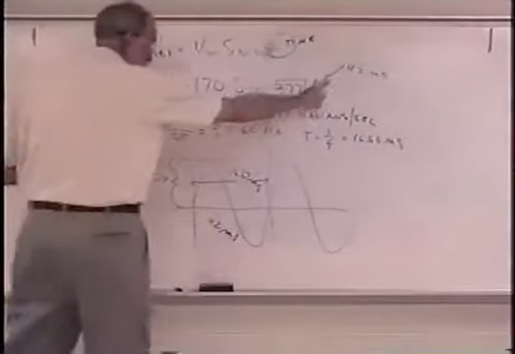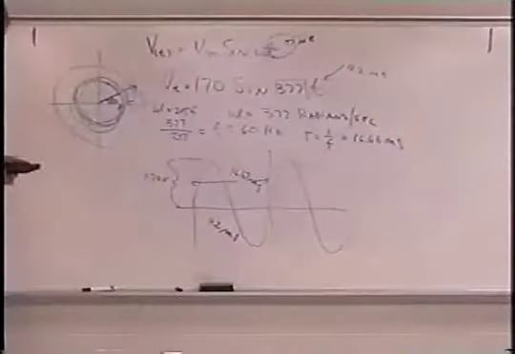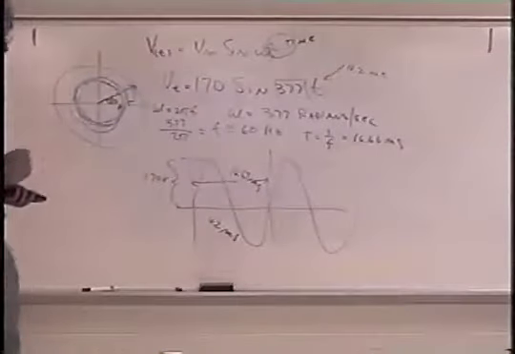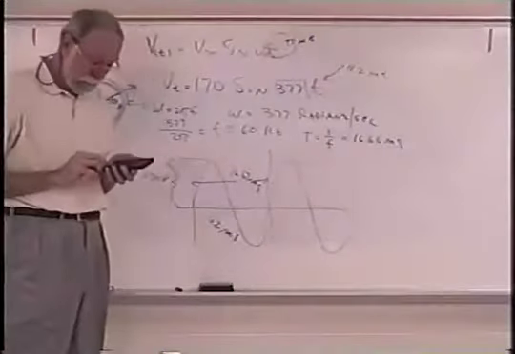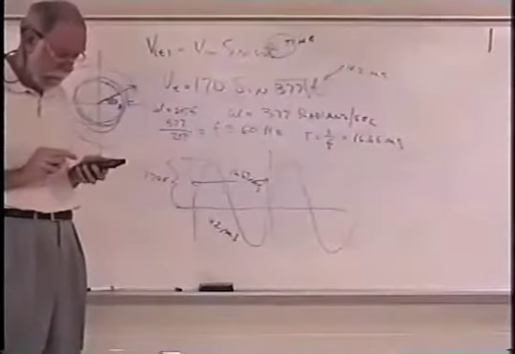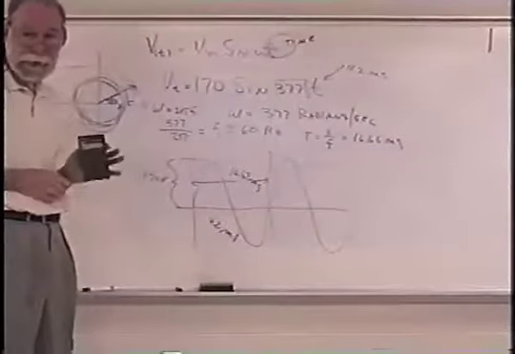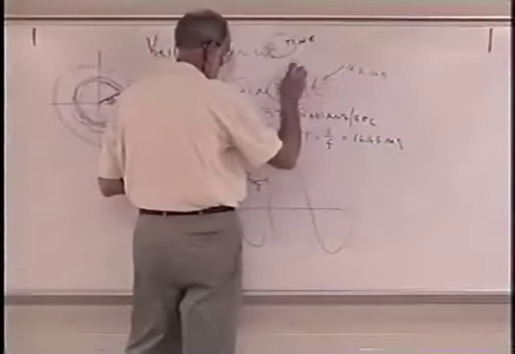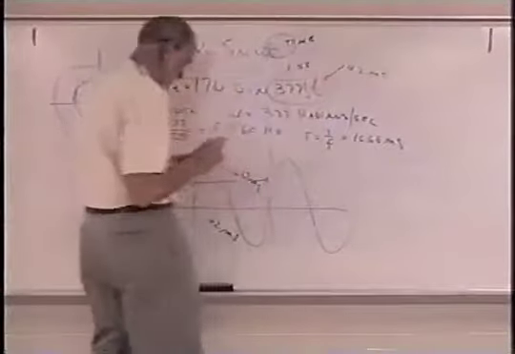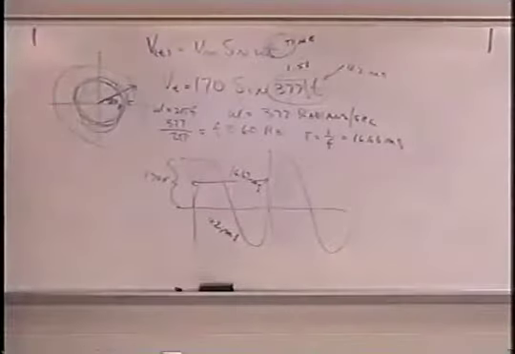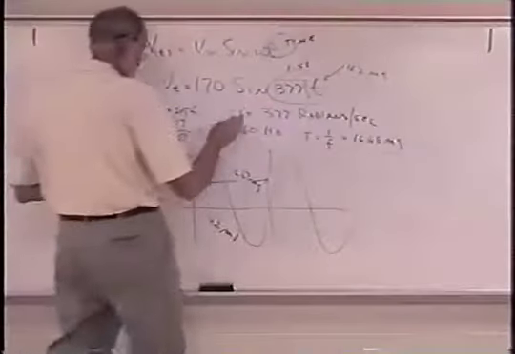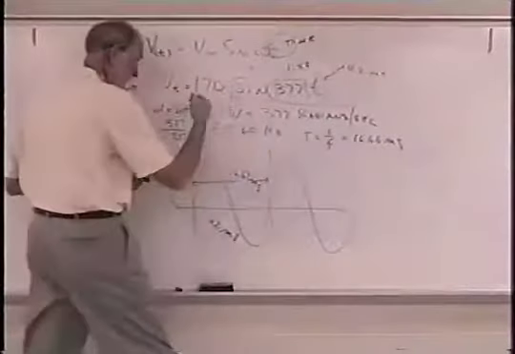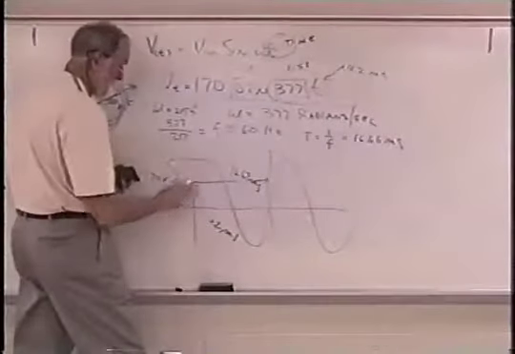I'm going to take 4.2 milliseconds, 4.2 times 10 to the negative third, and multiply that times 377. That ends up with 1.58. I'm going to take the sine of that, which comes to 1. So 1 times 170 is 170.